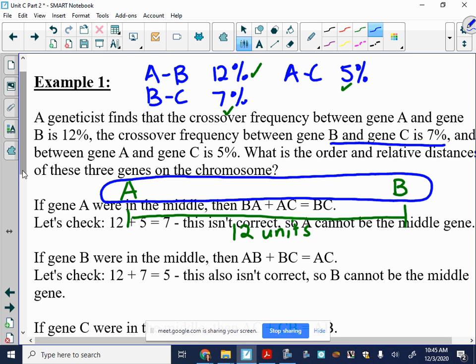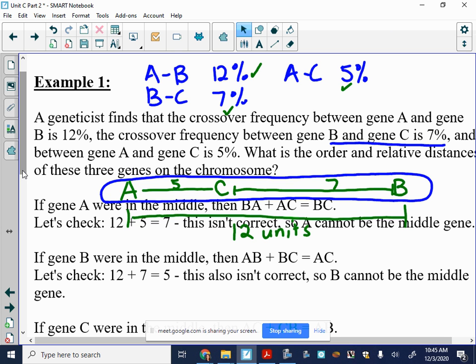So C, A and C is only 5 units. B and C is 7 units. Okay, so we wouldn't put C right in the middle. C would be a little bit closer to A. Okay, so because between A and C is 5 units, and between C and B should be 7 crossover units.